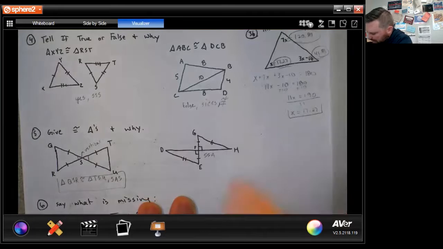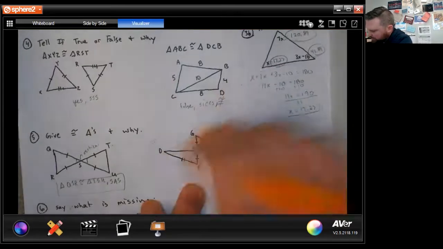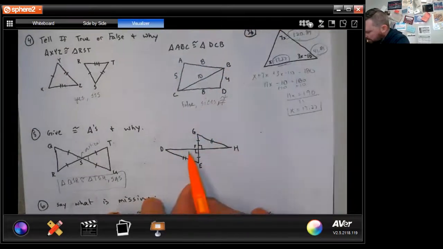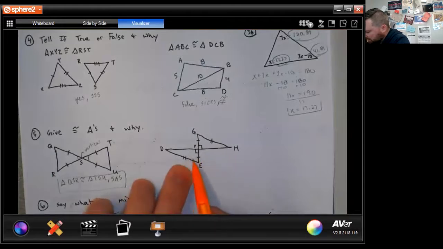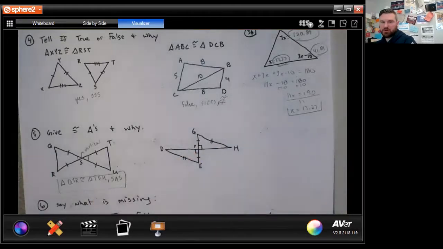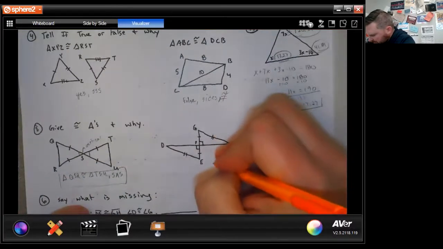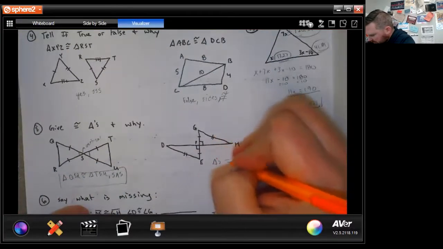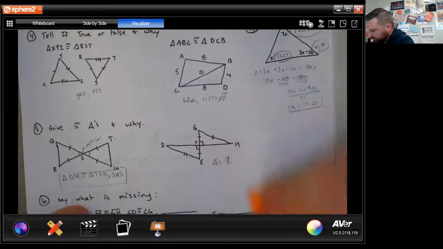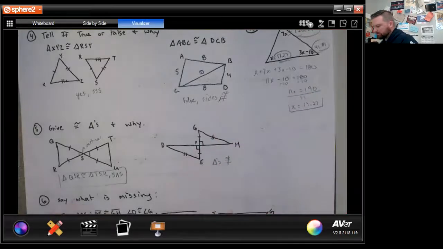Okay, so I cannot prove anything else. You got 2 sides. I can't prove the third one. There's the third angles theorem, but there's not a third side theorem. So this is triangles not congruent. Okay, because you'd have angle side side.